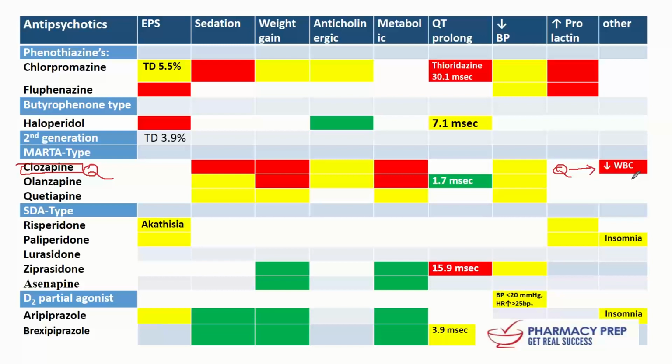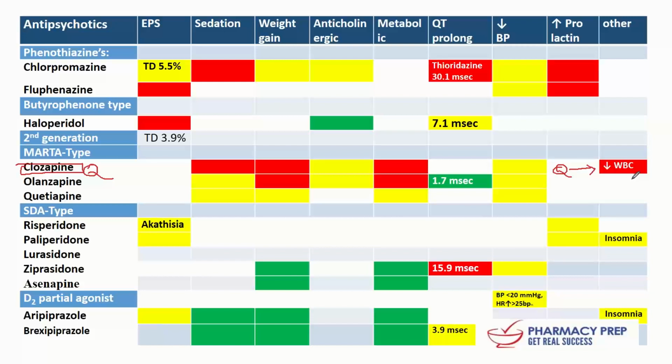Sometimes the question could be about monitoring. Direct question: what do you monitor? You monitor white blood count. Or sometimes the patient may be experiencing flu-like symptoms like fever, cold, and cough. That means there is an increased risk of infection.